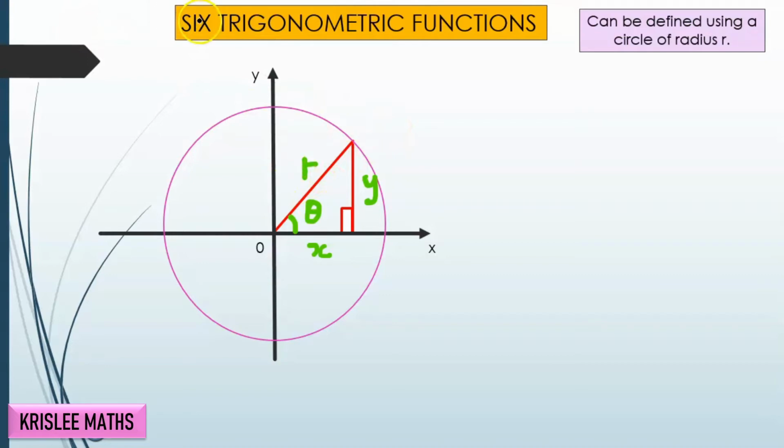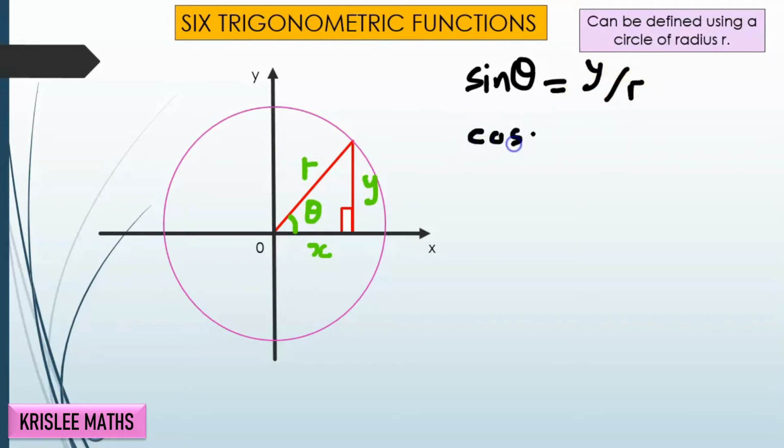Now let's find the 6 trigonometric functions using these sides. Let's start with sine theta. For this angle, y is the opposite and r is the hypotenuse. So opposite over hypotenuse, therefore it is y over r.